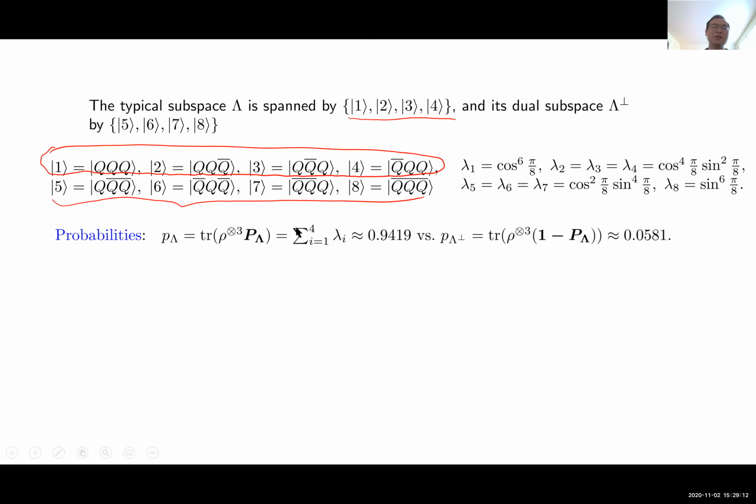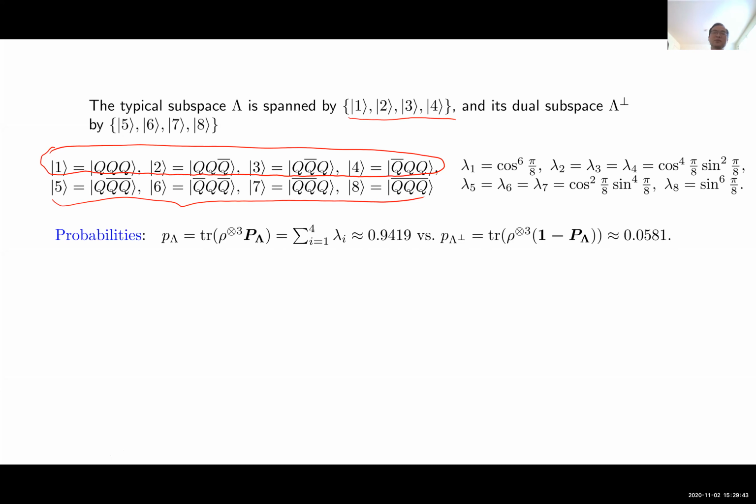So we can ask the probability in this subspace, which will be just the sum of these eigenvalues. If you take the sum of these 4, it's 0.94 roughly. And the probability in the atypical subspace is 0.058. So it's quite small. That's basically the sum of the remaining 4 eigenvalues.